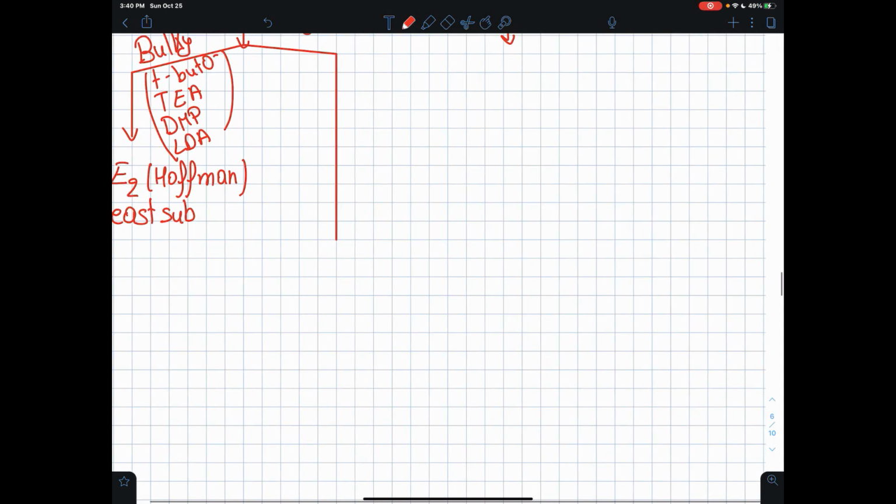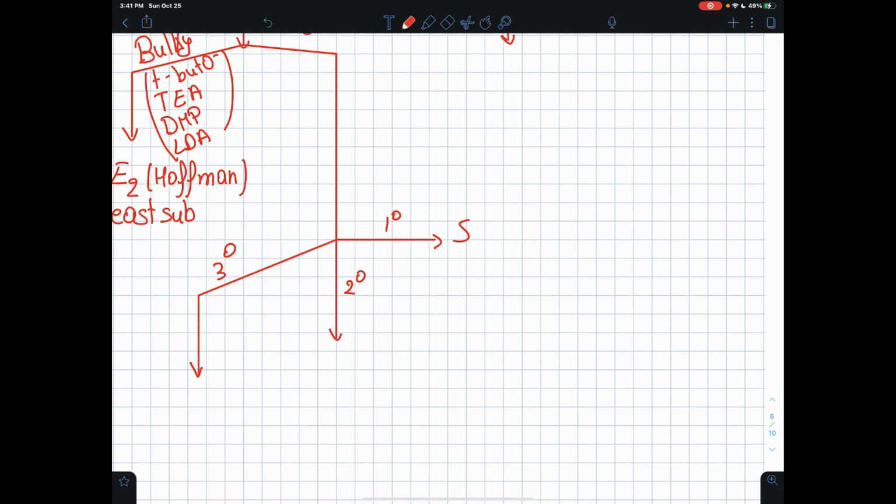You have primary, secondary, and tertiary. So primary, you're always going to have SN2, no questions asked. So it's going to be SN2 and it will be a full inversion, right? Full inversion.